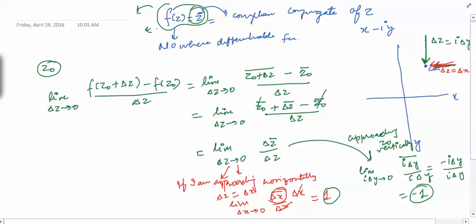So most of the time in complex analysis we just look at the cases where the function is not differentiable, because it is easy to establish non-differentiability in case of complex functions rather than differentiability. In case of the real line we can establish differentiability by looking at the left hand limit and right hand limit, but that we cannot do here because there are infinite number of paths.